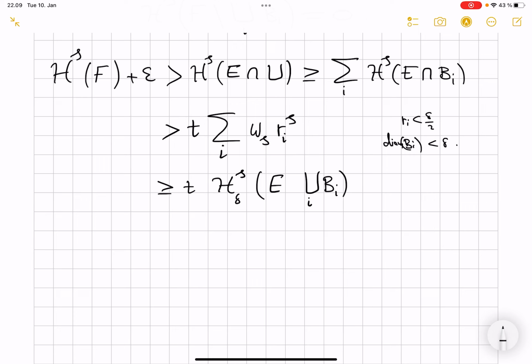I can make it a smaller set by intersecting with E. So I'm using this union of B_i as a covering of this set, and that's a delta covering, so this summation is, remember, the diameter of B_i divided by 2 is just R_i, then to power s. So that's the definition of the Hausdorff content.